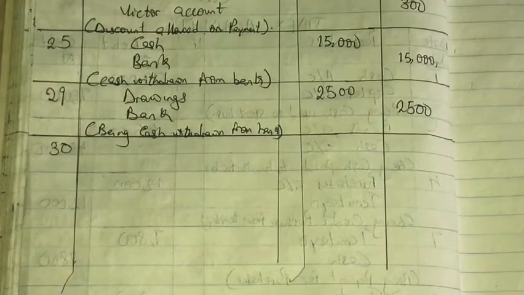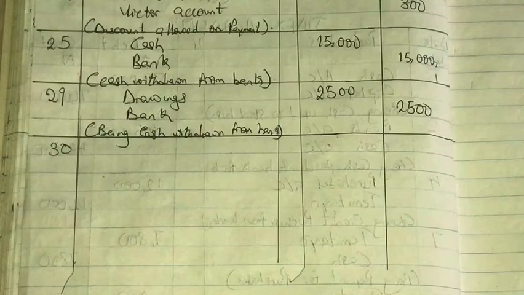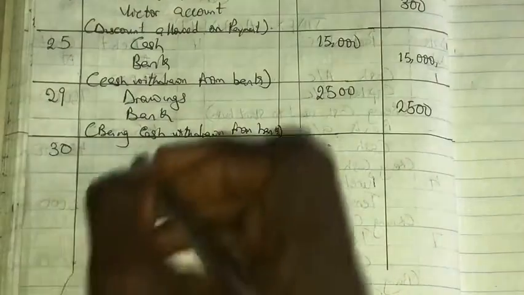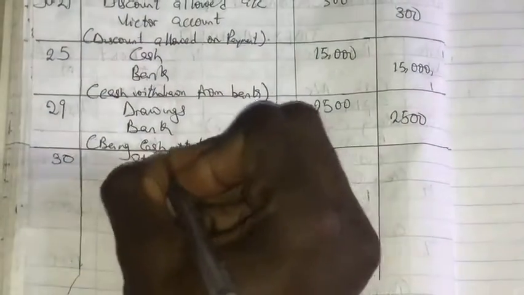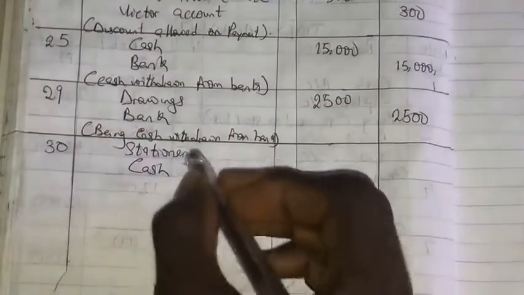That's drawings. Then July 30th, purchased stationery for cash 3,000 naira. Purchased stationery is receiving, then cash is giving. Remember, you have to always put account in each and every one of it.